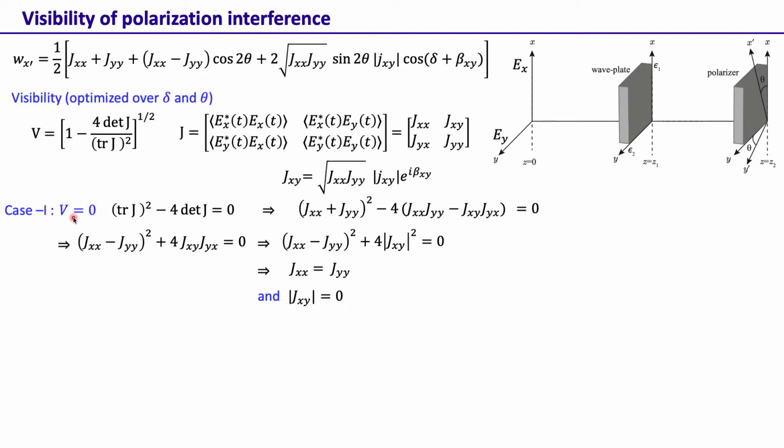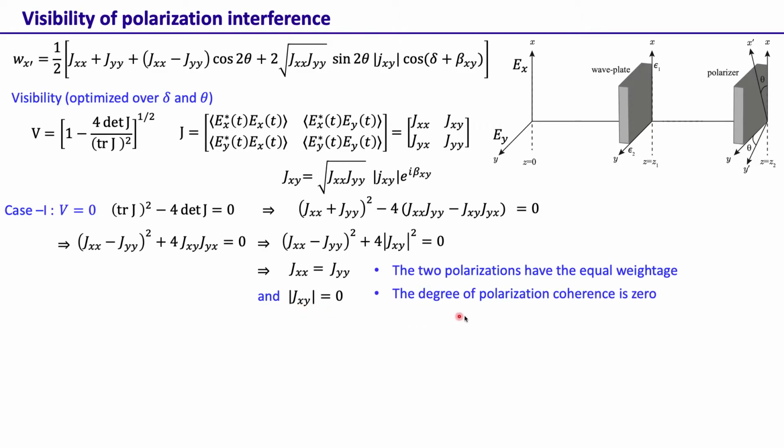So if the visibility which is optimized over delta and theta is 0, this means that the two polarizations have equal weightage. That means the intensity, or spectral density, associated with each polarization is equal, and the degree of polarization coherence is 0. So either we state this or we state this, this is equivalent.